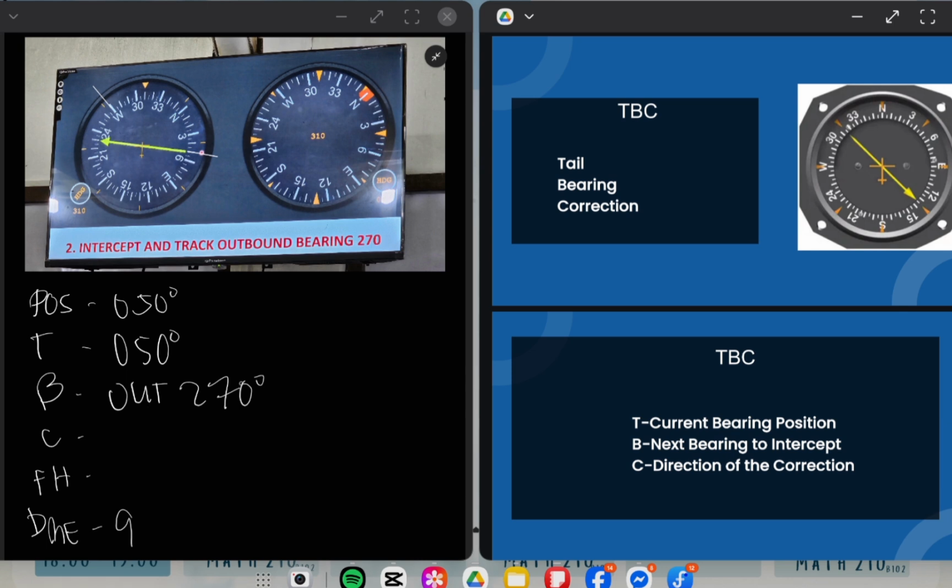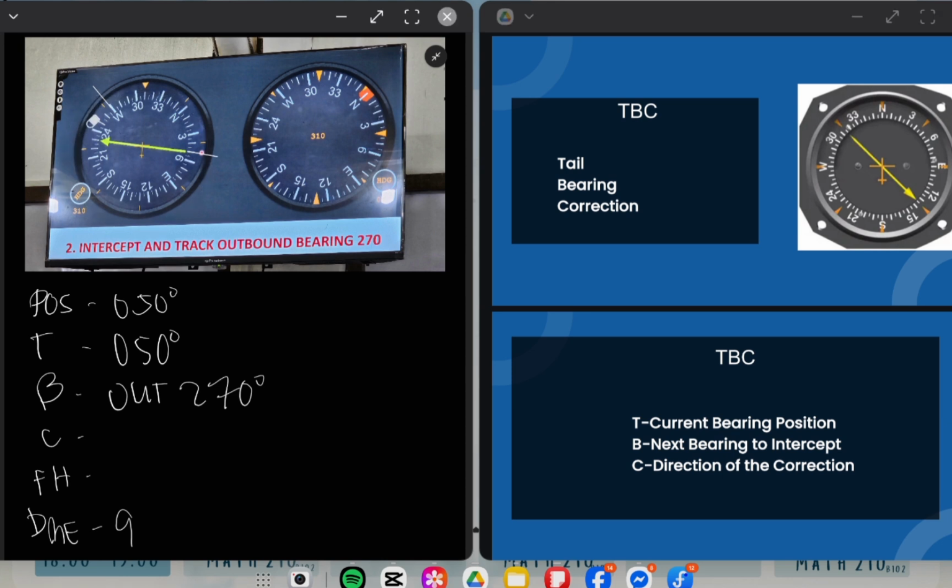Now, outbound bearing 270. For your corrections, since the DME is 9, we'll be using 45 degrees. Tail, bearing, correction: stop at bearing, and then count 45 degrees.